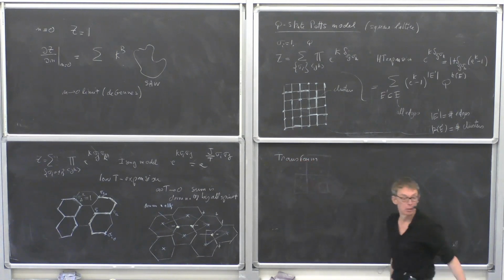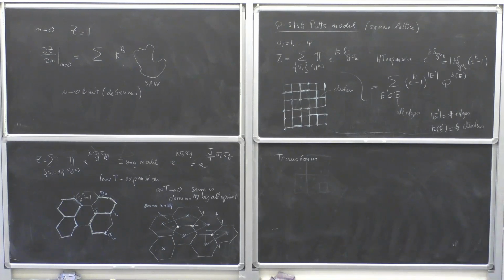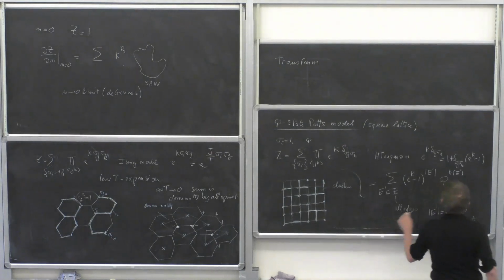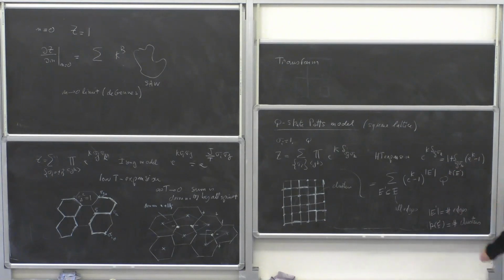Excuse me, yeah. Why did we throw away the ones? Why did I what? Why don't the ones appear anymore? So we have 1 plus delta, but then we only consider the 1 plus delta sigma j sigma k, e to the k minus 1.